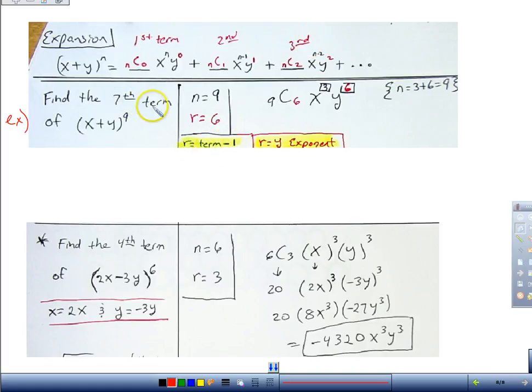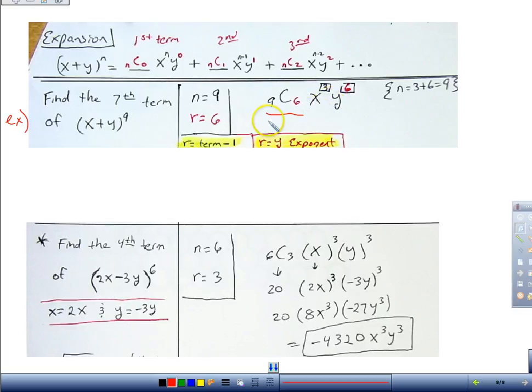So for the 7th term, we actually want r is equal to 6. Once again, because y starts at 0. The exponent starts at 0 anyway. Okay? So once we have the n and the r, we have the formula here. The term is going to look like this. It's going to have n choose r, and then a combination of x and y.